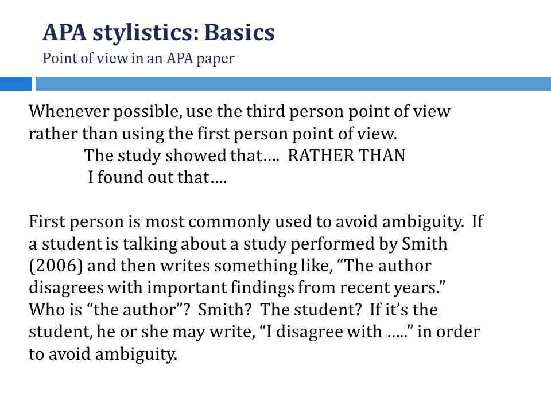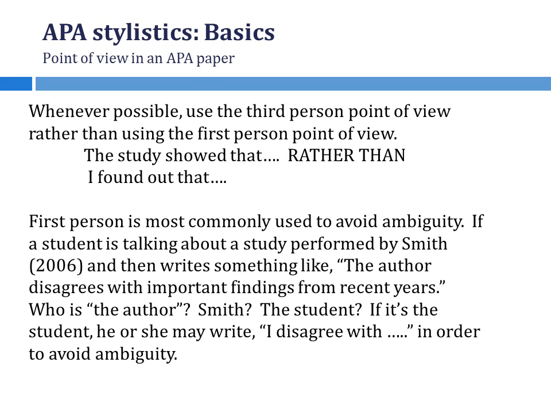First person is most commonly used to avoid ambiguity, to avoid confusion. If a student is talking about a study performed by Smith and then writes something like, "The author disagrees with important findings from recent years," the reader is going to wonder, who is the author? Are we talking about Smith, who the writer just referenced, or are we talking about the student?